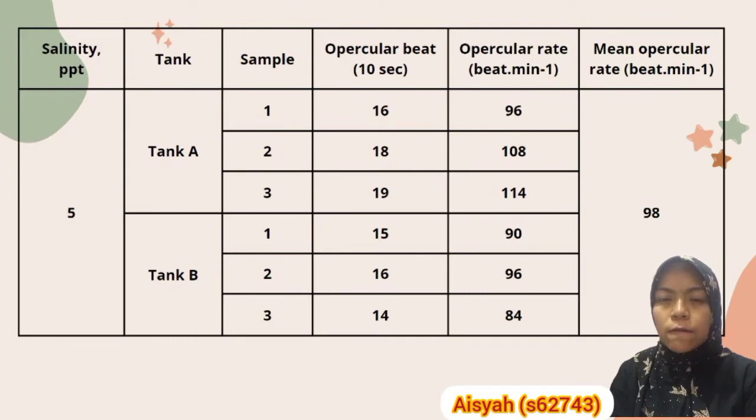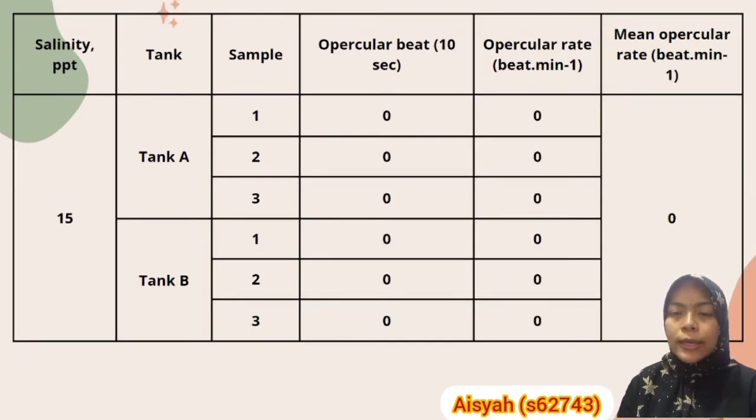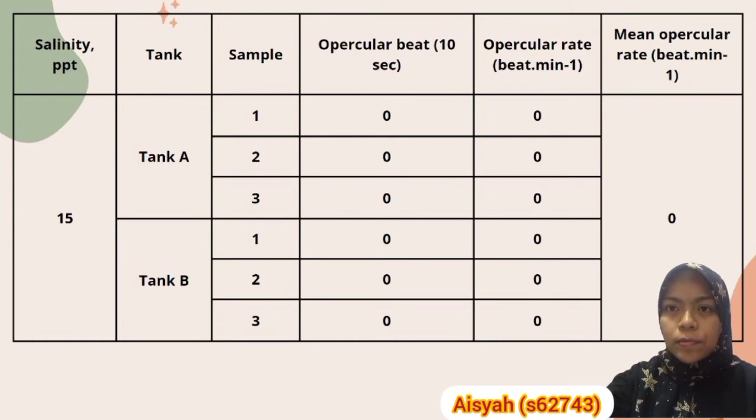Next, for 5 ppt of salinity, the mean opercular rate is 98 for 10A and 10B, which is higher than 0 ppt of salinity. For 15 ppt of salinity, the mean opercular rate is 0 because all the fish in 10A and 10B died at that value of salinity.